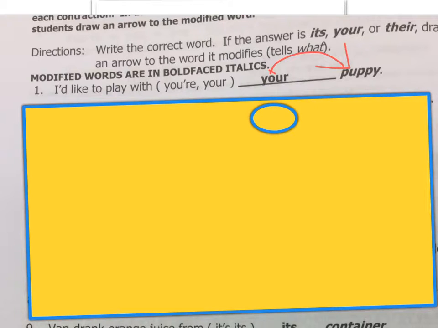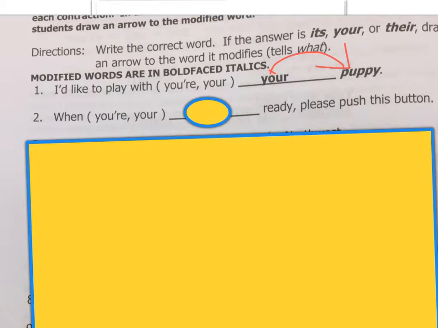Let's try the next one. When you're ready, please push this button. Let's try it. When you are ready. When you're what? When you are ready. So we say you're.